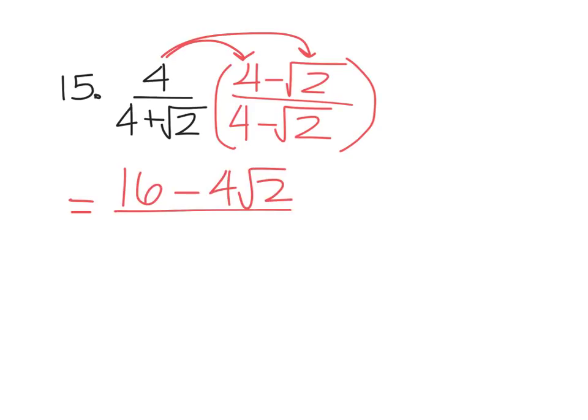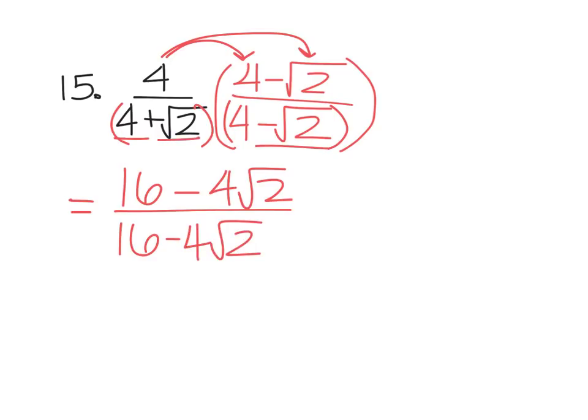And on the bottom, we want to FOIL these together. So 4 times 4 gives us 16. 4 times negative rad 2 gives us negative 4 rad 2. Rad 2 times positive 4 gives us plus 4 rad 2. And then rad 2 times negative rad 2 gives us negative square root of 4. Alright, then we want to simplify as much as we can.